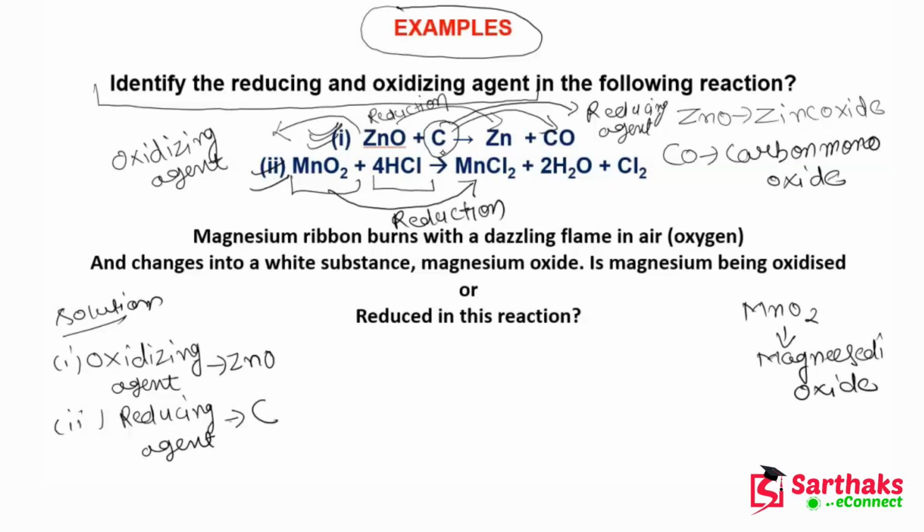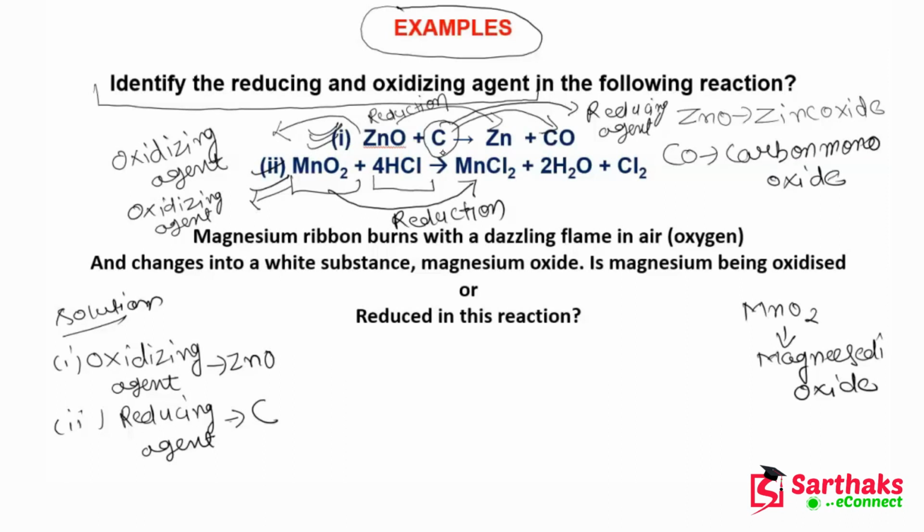And because reduction is taking place, this MnO2 is acting as the oxidizing agent. Why is this an oxidizing agent? Because here it is getting reduced into MnCl2.